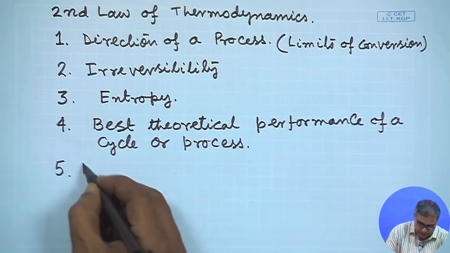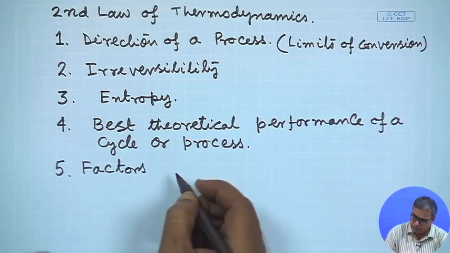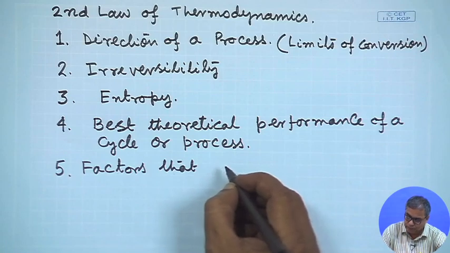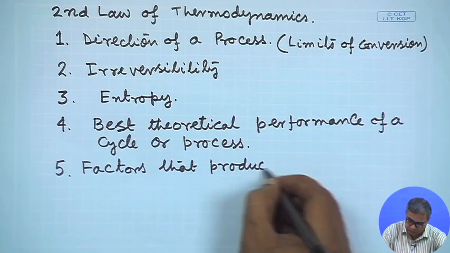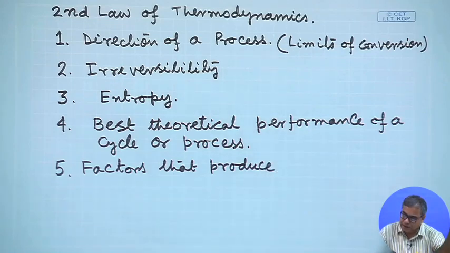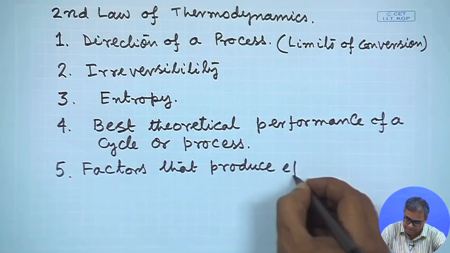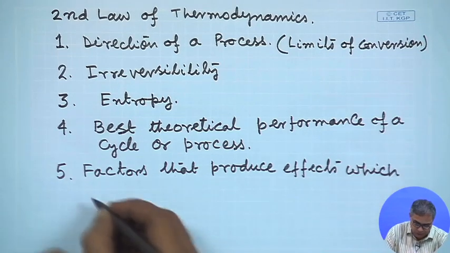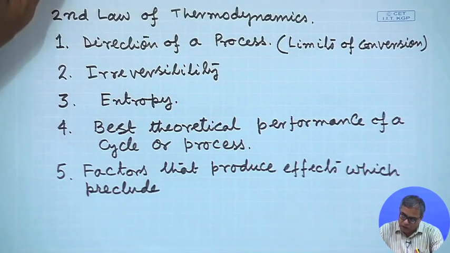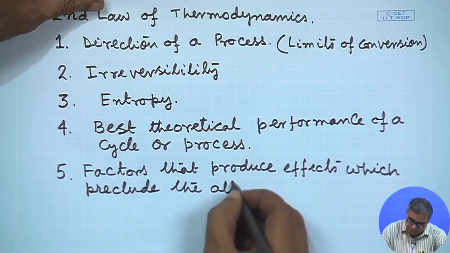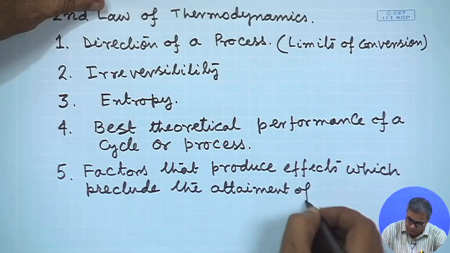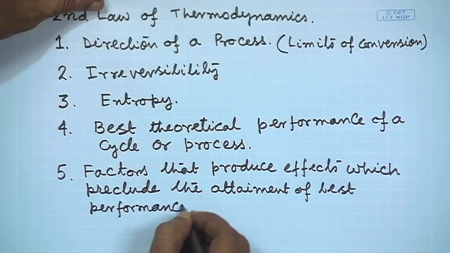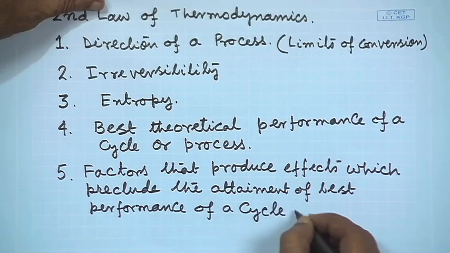Then it also gives factors that produce effects which preclude the attainment of best performance of a cycle or process.